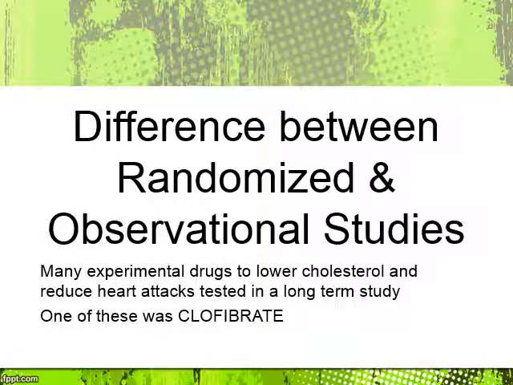The third and last case we want to discuss in this lecture about the discovery of causes concerns the Clofibrate Trials. Clofibrate was an experimental drug used to lower cholesterol levels and to reduce heart attacks.